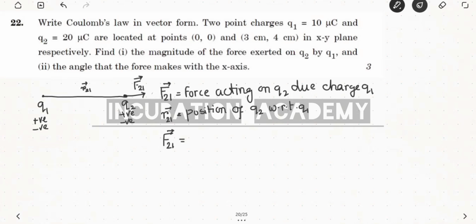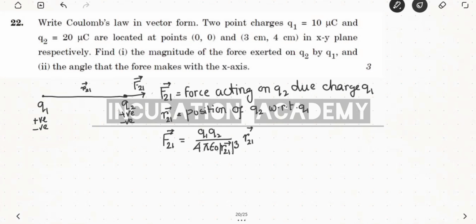So from here, if I write it down, it will be the F21 vector, and that will be Q1 multiplied by Q2 divided by 4 pi epsilon naught, which is Coulomb's constant in free space or air, times the R21 vector magnitude cubed, times the R21 vector. What is the reason behind this? Because it is Q1 Q2 by r square.